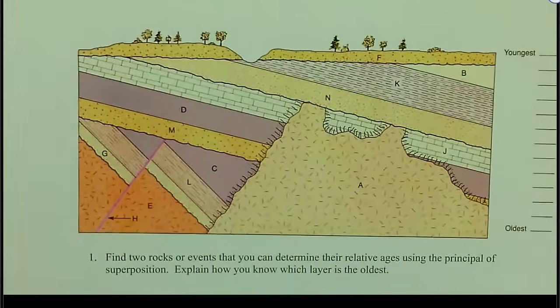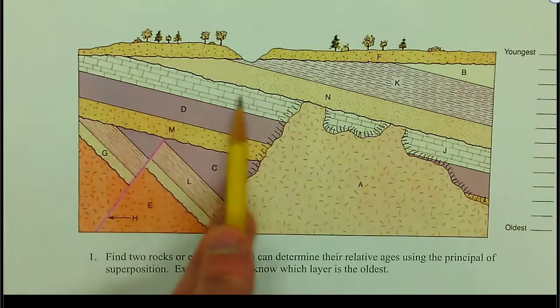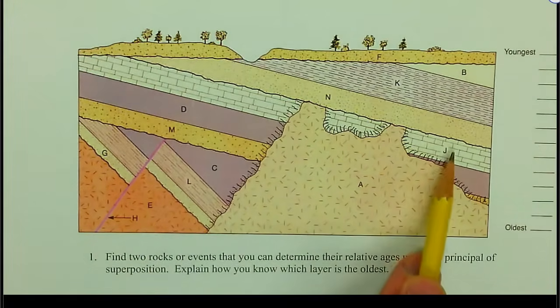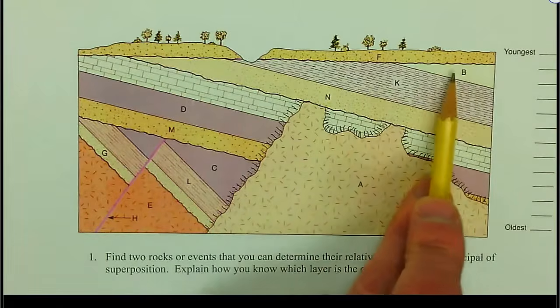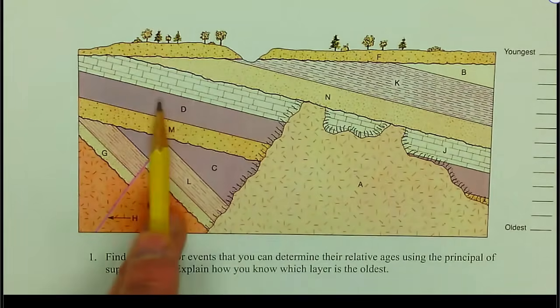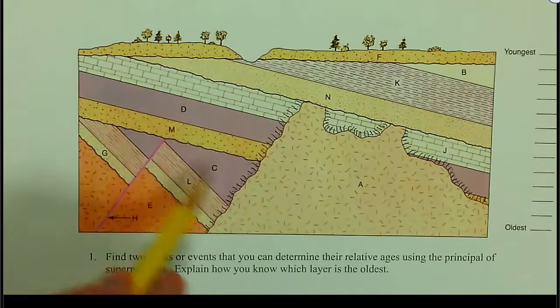Before we start thinking about what's older and what's younger, let's simply look at what we have. I definitely see some sedimentary rock layers, such as this layer here, which is a limestone called J. Here's a shale called K. We have a layer B and N as well in there, D and M, some other sedimentary layers that are tilted even more.